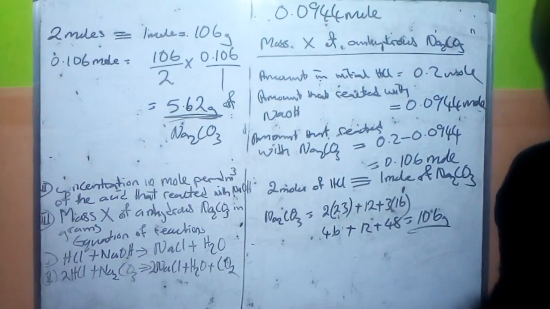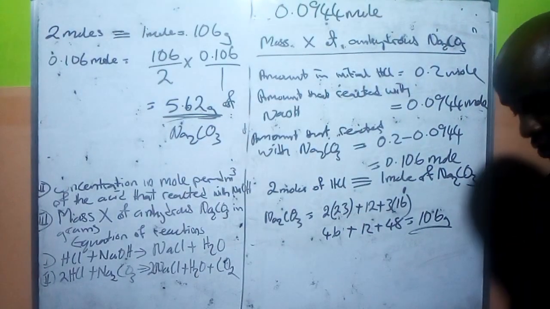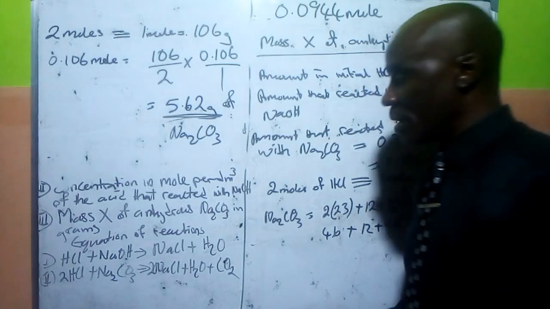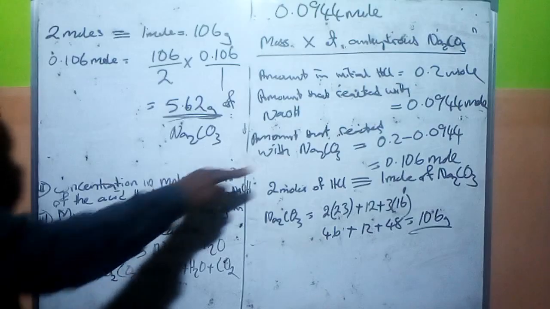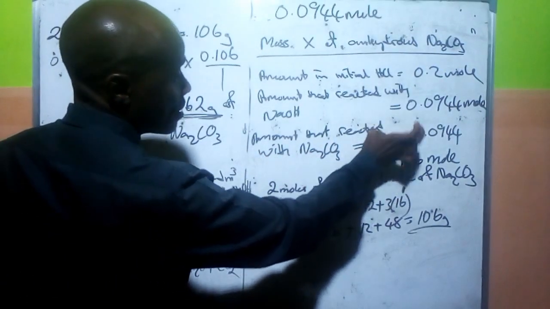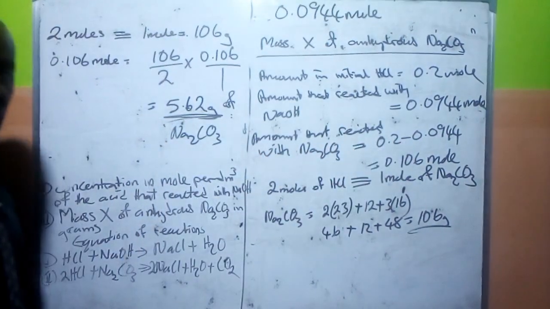That is what reacted. Now you can see how simple this seems to be, but there's something you should always pay attention to. Before you can get this done, it's important to get the amount that reacted with it.